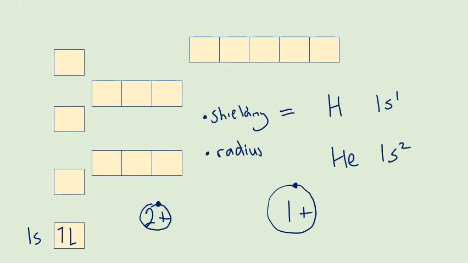Okay, so now let's think about the energy needed to remove an electron from here or from here. Well, helium has a bigger nuclear charge. It also has a smaller radius. So helium has a smaller radius, a bigger nuclear charge, and the same shielding. That means that more energy will be needed to remove this electron than to remove this electron.